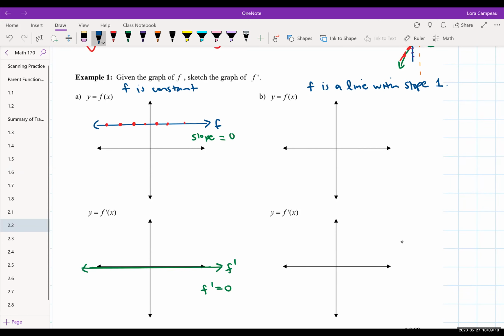I can pick anything as long as the slope is 1. I'll pick something nice, where maybe it goes through the origin. So I'll draw something like this. A little shaky on the edges, just pretend those are a line. We have our f.